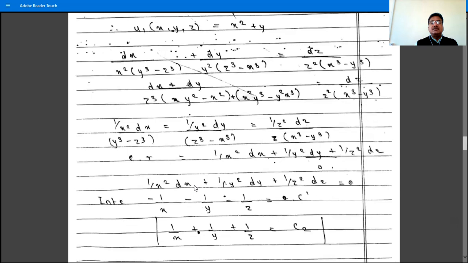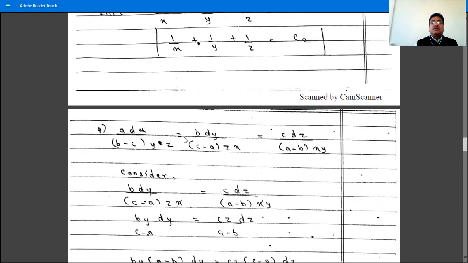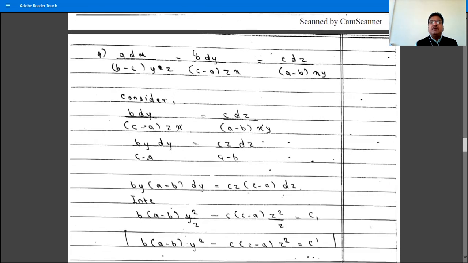Then in order to find the second solution, consider the multipliers 1 by x square, 1 by y square, and 1 by z square. So these are the multipliers for the second solution. We have this solution.